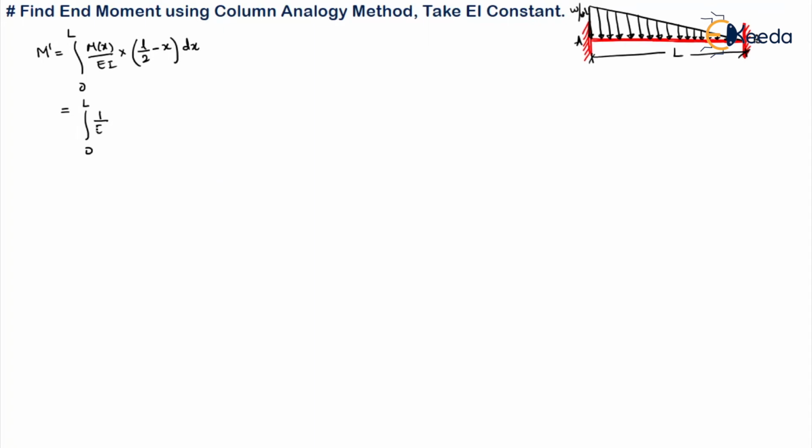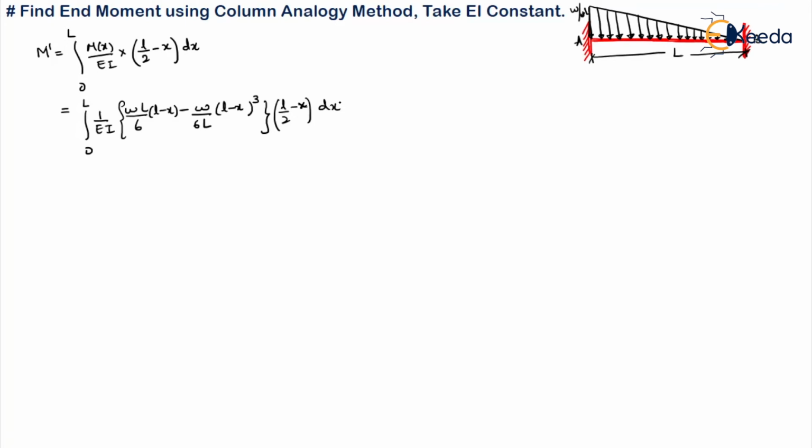Your Mx is what? WL by 6 into (L − x) minus W by 6L into (L − x) whole cube, into the lever arm. So what will be your lever arm? L by 2 minus x into dx.